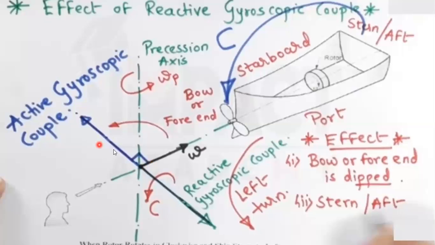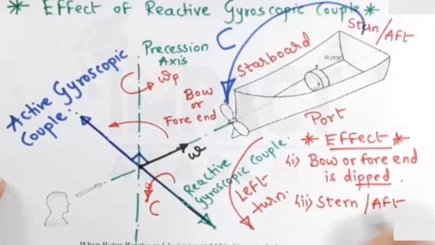So this is called the active gyroscopic couple. To counteract it, we will be getting a reactive gyroscopic couple. Just take your right hand and keep your right thumb pointing towards the arrowhead, and close and open your fingers, and all the 4 fingers will be in this direction.